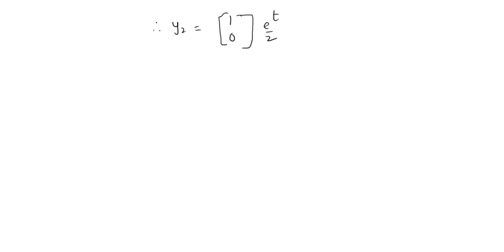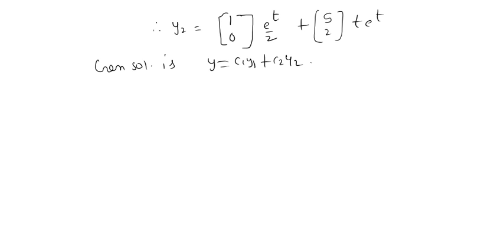So u e power t plus x t e power t is another solution. And both y1 and y2 are linearly independent, as we have shown in the theorem. So the general solution is y equal to c1 y1 plus c2 y2. In that way you can find a fundamental set of solutions.